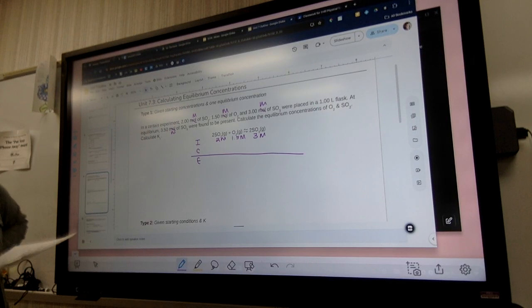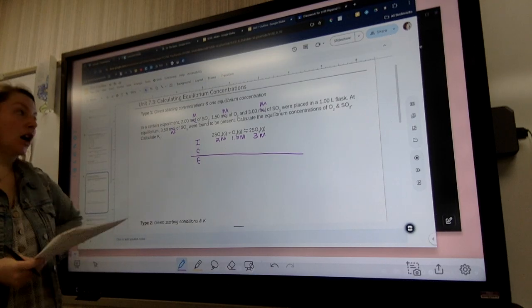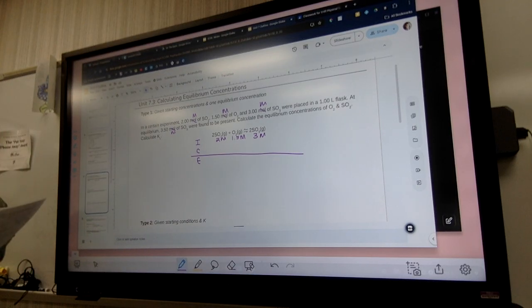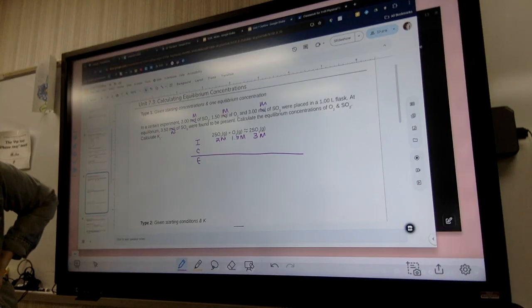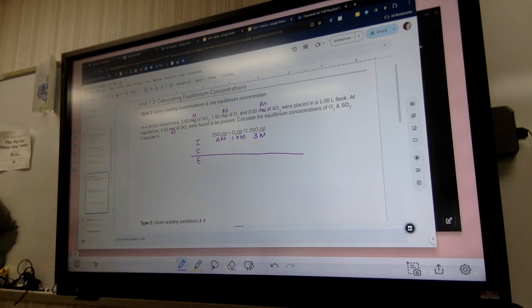Our change is based on the way the reaction is going to go. We don't currently know which way the reaction is going to go. So we're going to skip change for right now.